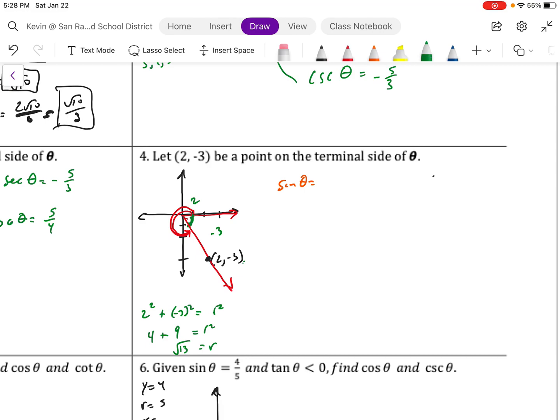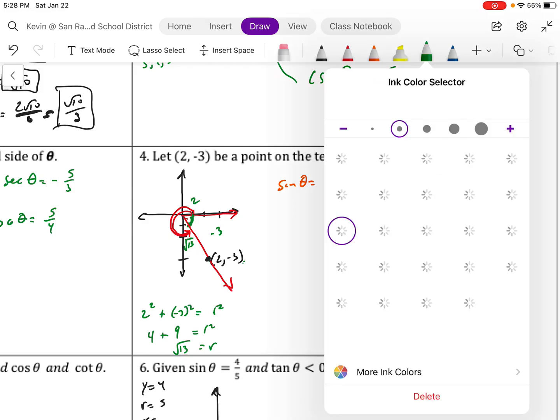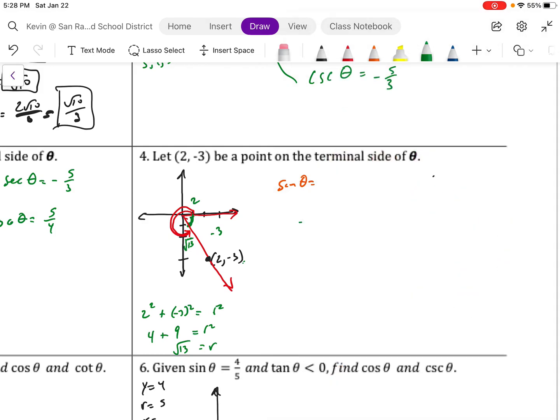What I was trying to do was rewrite this as the square root of 13, and I can put this back in. All right, so sine is opposite, negative 3 over square root of 13, which is negative 3 root 13 over 13.